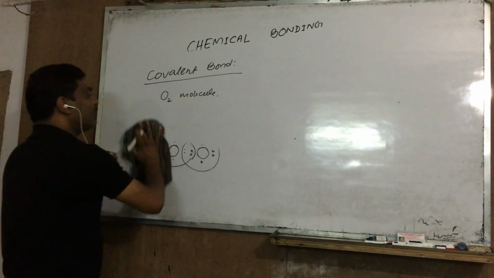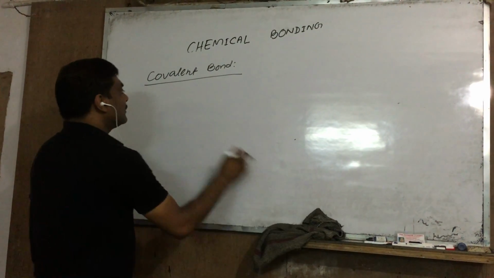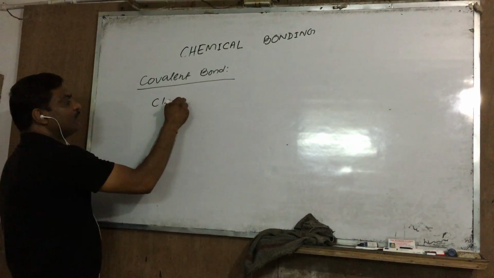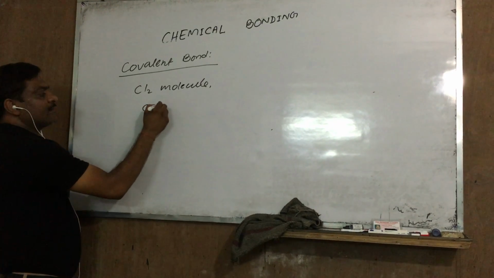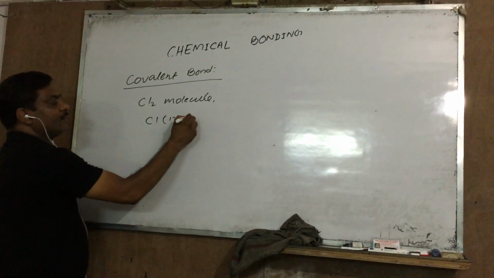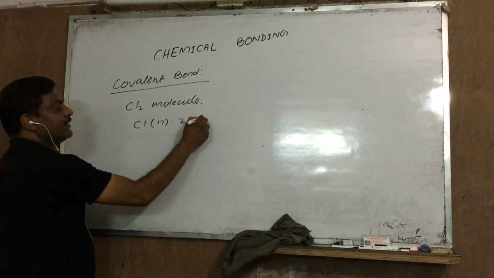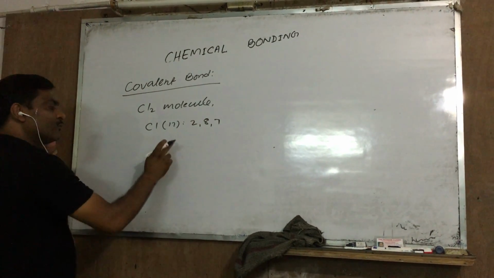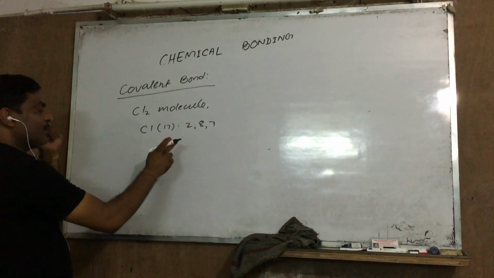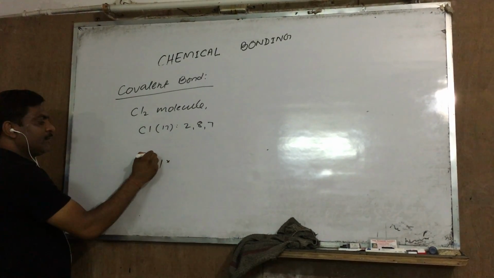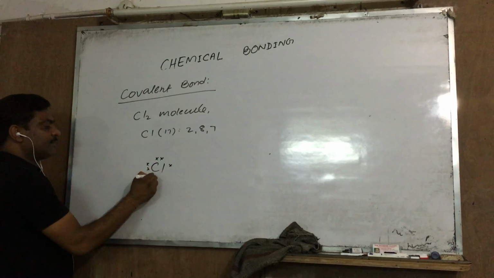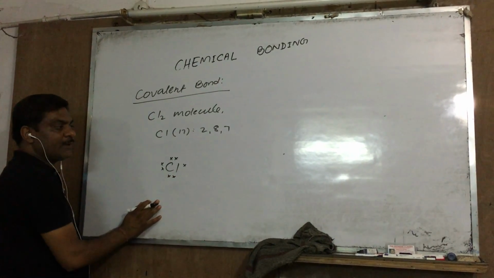If we are talking about the chlorine molecule, Cl2 molecule, chlorine has atomic number 17, the configuration is 2, 8, 7. So it will require one more electron to become stable. Chlorine has 7 electrons in its outermost orbit.